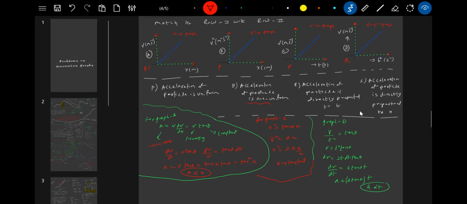Okay, next again, we have to check whether it is non-uniform. It in fact is non-uniform. So Q also will come. No question of P. What about S? I think it's not proportional to x, no? It is not proportional to x. How can we show that?